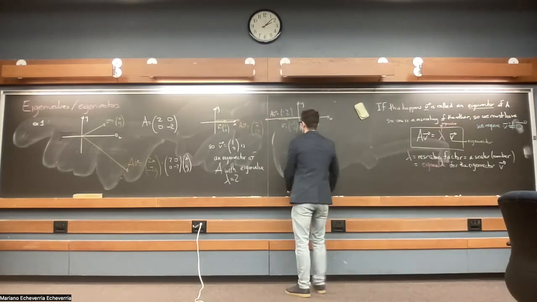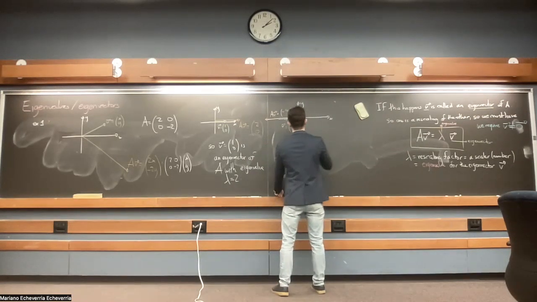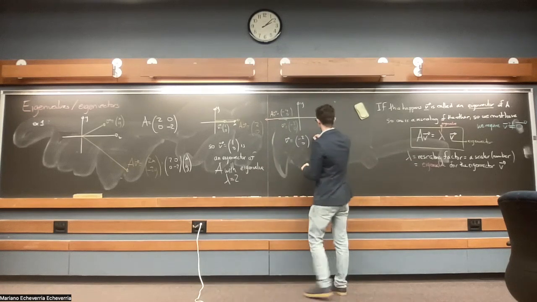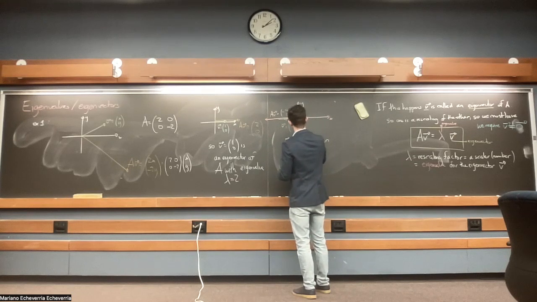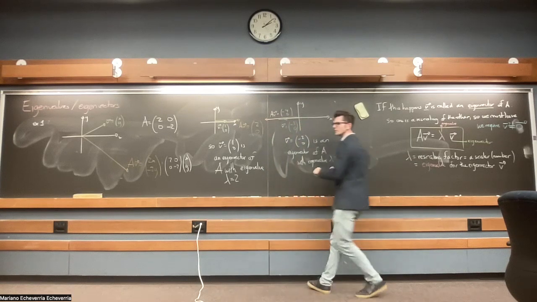So you want to say that (-2, 0) is an eigenvector of A with the same eigenvalue, right? Is that making sense?